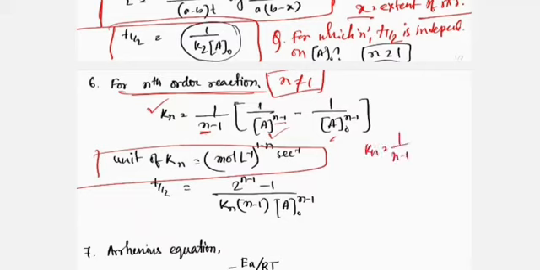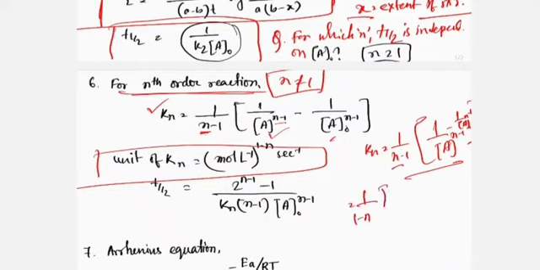As you have written n minus 1, so you will write in the bracket A to the power n minus 1 minus 1 by A0 to the power n minus 1, as you have written n before. And if you have written 1 minus n, so you have to write A0 to the power n minus 1 minus 1 by A to the power n minus 1. So that is very simple. You have to memorize this, right? So unit of K is mole liter inverse to the power 1 minus n second inverse.